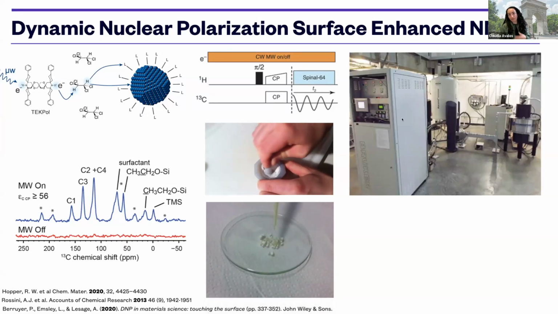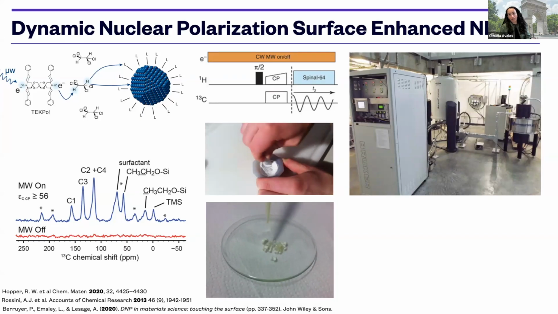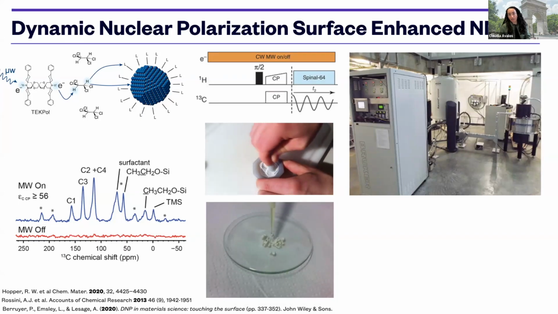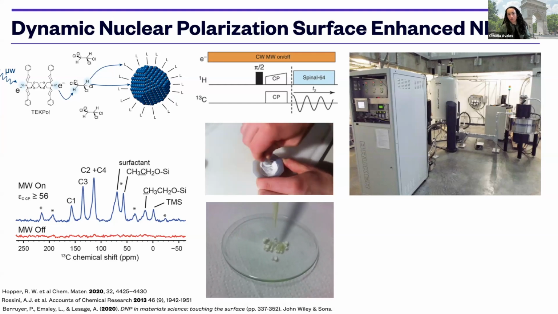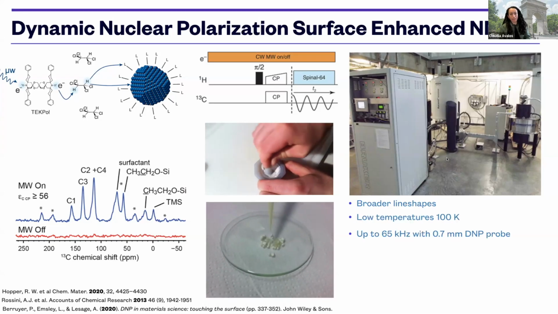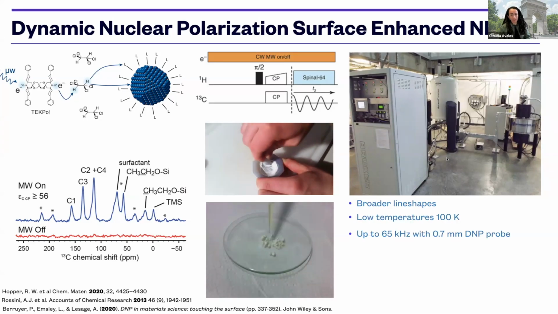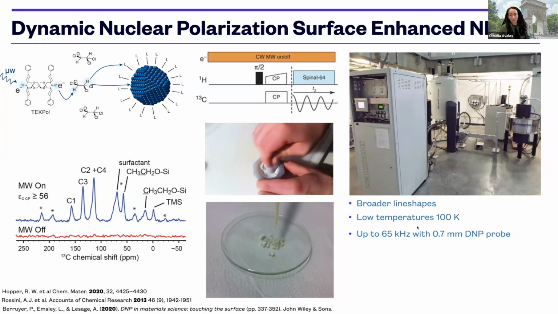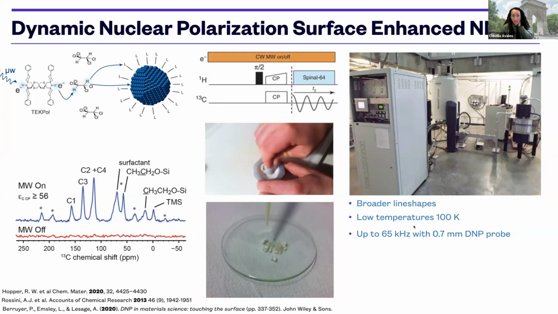In these kinds of systems, we're working with much lower temperatures. We have a gyrotron supplying the microwaves, and usually we can spin up to around 12 kilohertz with a 3.2 millimeter system, but you can go up to, I believe, 65 kilohertz with a 0.7 millimeter probe, and that might be higher now with a newer DNP probe.